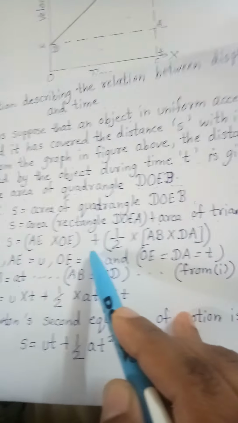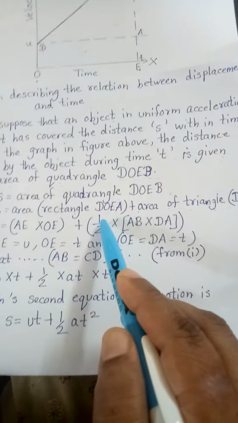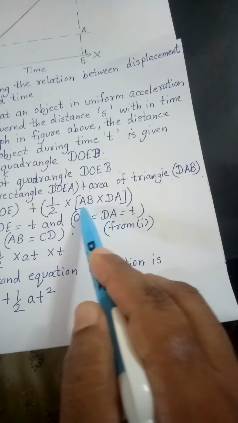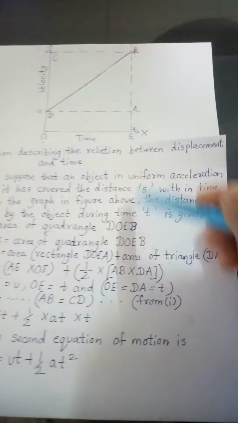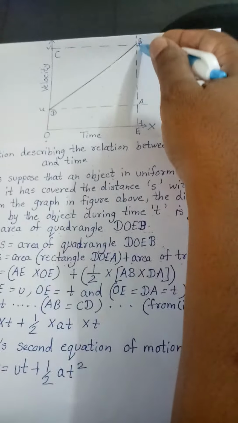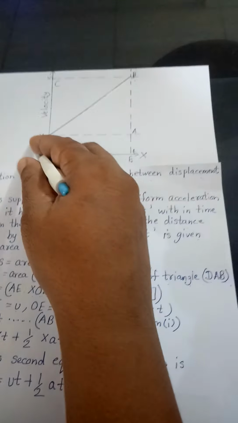Now let us see the area of a triangle. The area of a triangle formula is half into length into breadth. Here the length of the triangle is AB and its breadth is BD.